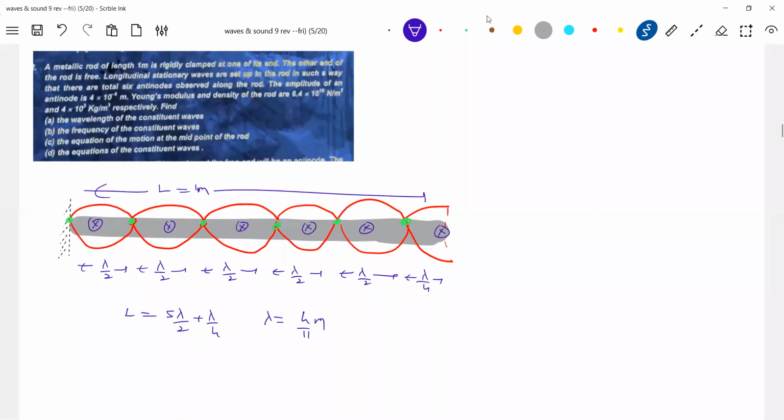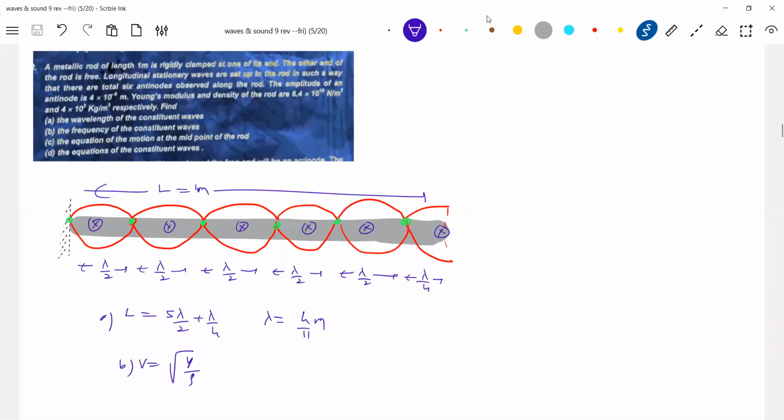Find the wavelength of the constituent waves and the frequency of the constituent waves. We know Young's modulus and density, so what is the speed of the wave? V is equal to the square root of Y by rho. Very important: if liquid comes, B by rho. For solids, Y by rho. For gases, gamma P by rho, or gamma RT by M naught, where gamma is the Laplace constant for gases.